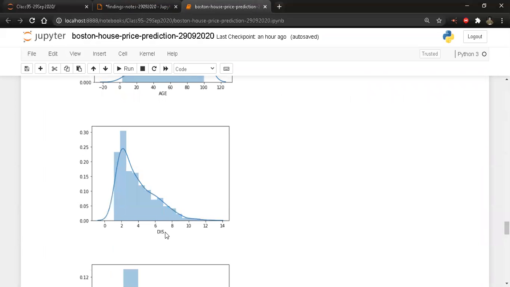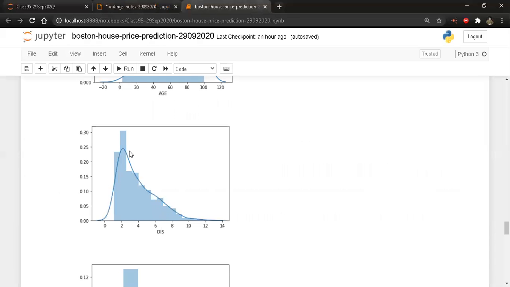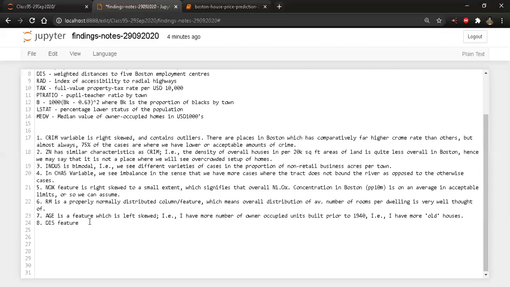The next is DIS. What is DIS? DIS is weighted distance to 5 Boston employment centers. The DIS feature, as I could see, is right skewed, which means there is more concentration on the lower values.